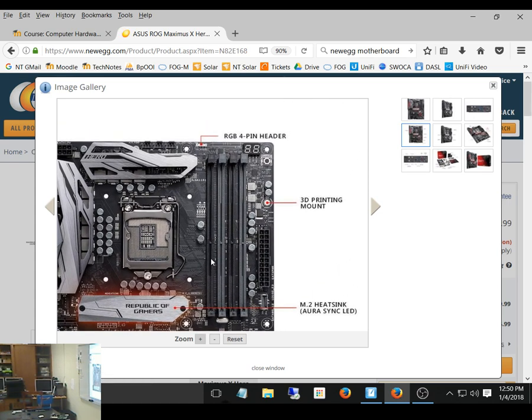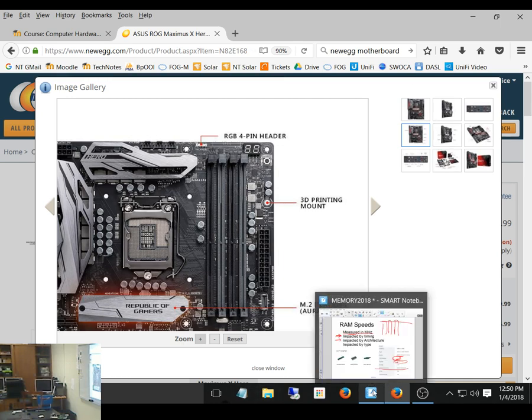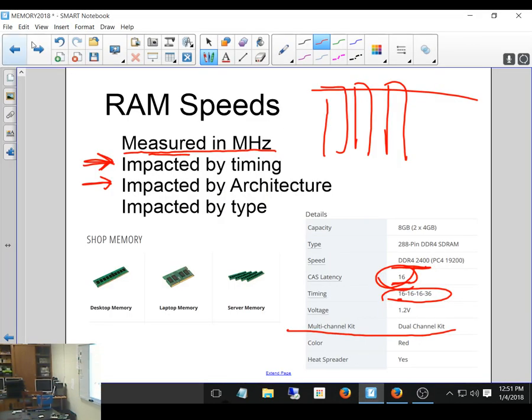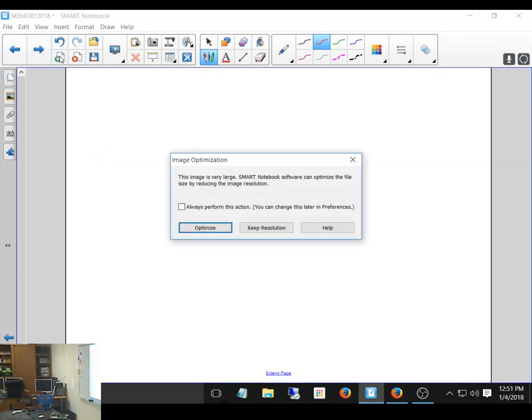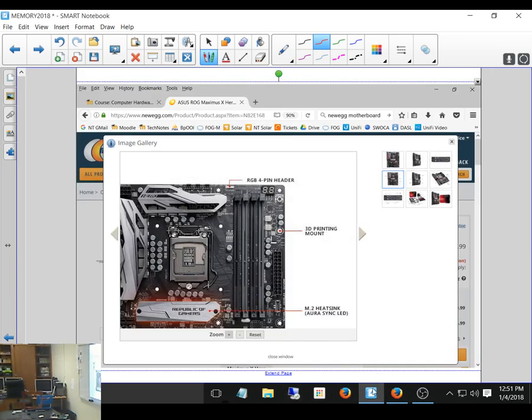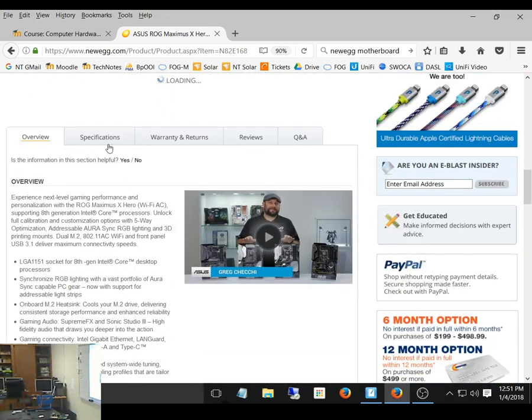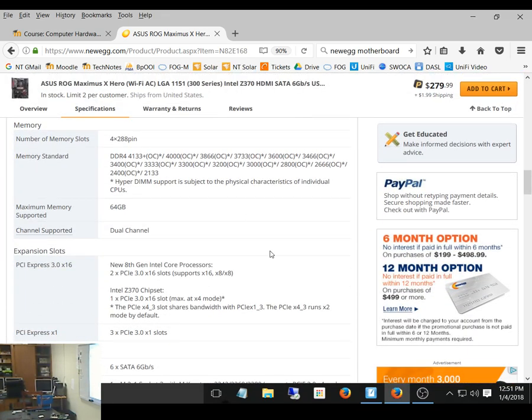As I look at that RAM, I see two distinct colors. I can pull up the specs on the motherboard, and by the way, both the memory and the motherboard, like everything else, have to support it. Let me go down to Specifications and then to my memory.